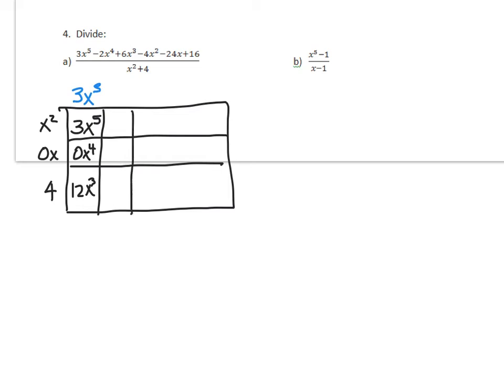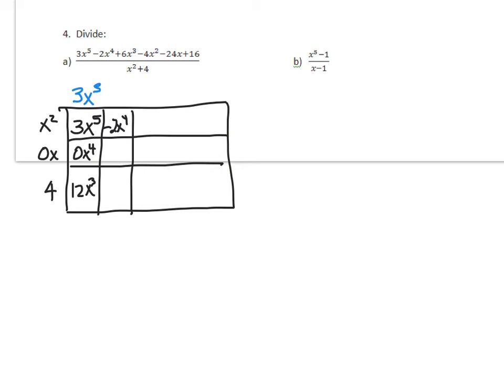Make my next column, go to the diagonal that's going to have my x to the 4th terms. I need a negative 2x to the 4th for my total. I've got 0x to the 4th, so let's put that total of negative 2x to the 4th here so that these two always add together to what I have to start with.